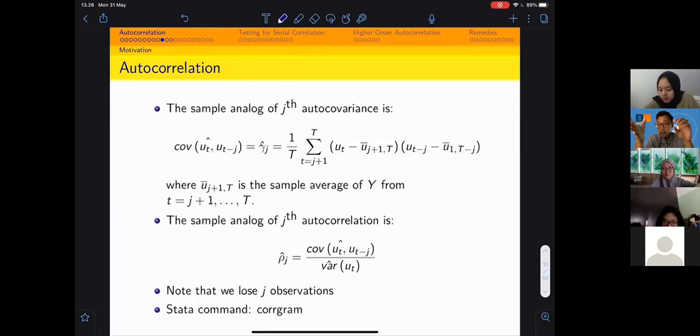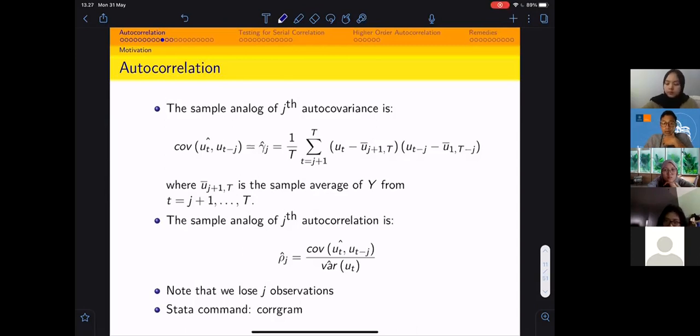It could be t-1, t-2, until t-j. The most ideal situation is that there is no serial correlation. It means that in the sample analog, we don't see any relationship between the residual today and the residual in the previous period. So that's the most important thing.